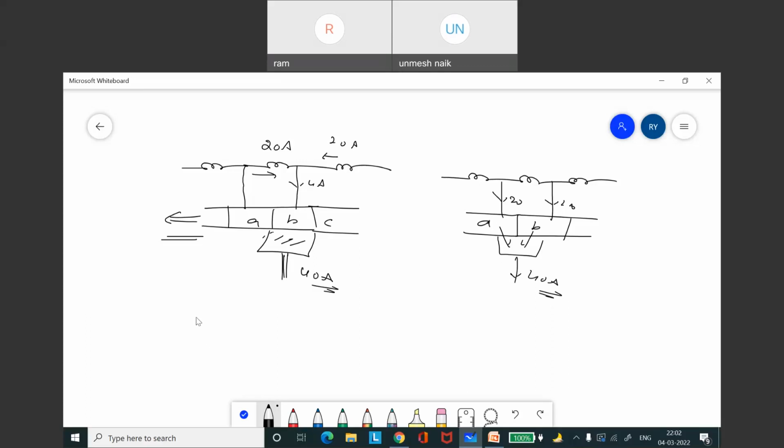If the commutator moves further, now 30 is coming and 10 is coming.